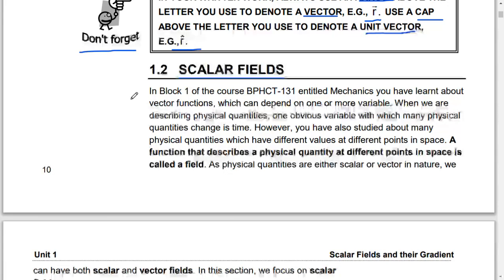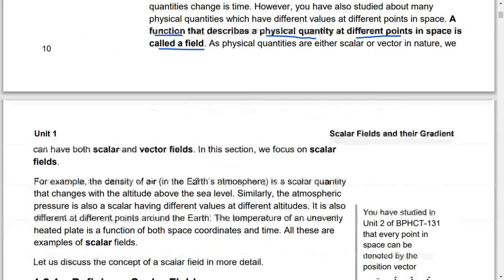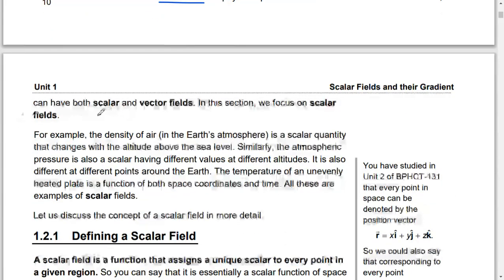However, you have also studied many physical quantities which have different values at different points in space. A function that describes a physical quantity at different points in space is called a field. As physical quantities are either scalar or vector in nature, we can have both scalar and vector fields. In this section, we focus on scalar fields.